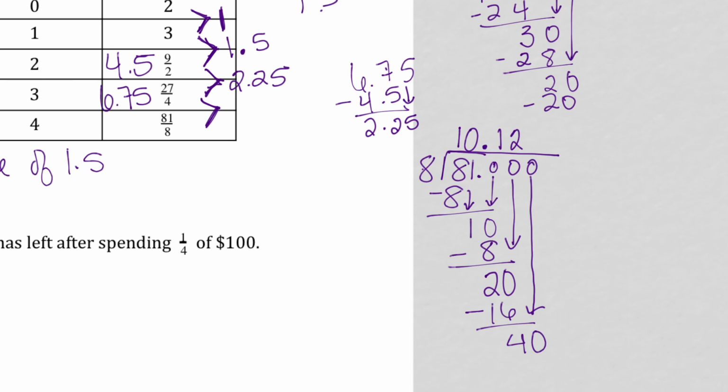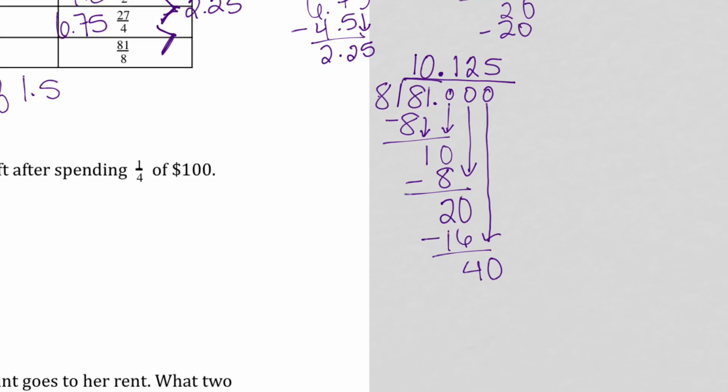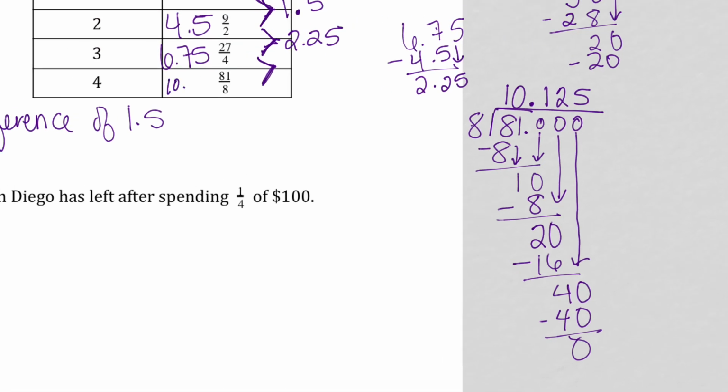How many times does 8 go into 40? 5 times. What's 5 times 8? 40. So that becomes 0. So here we have 10.125. The difference here is going to be 3.375.